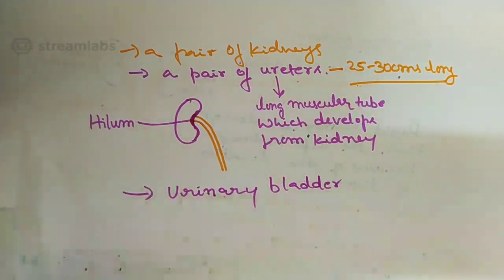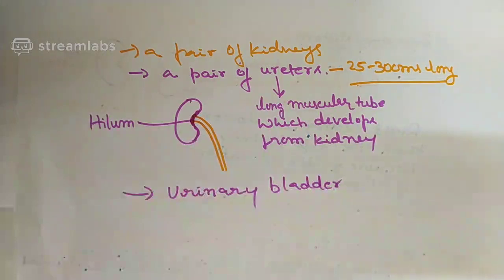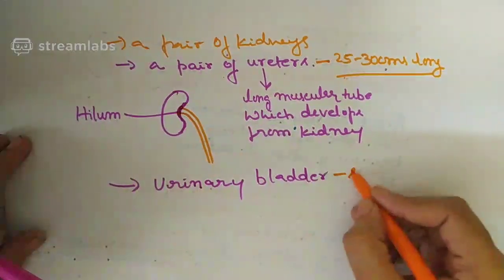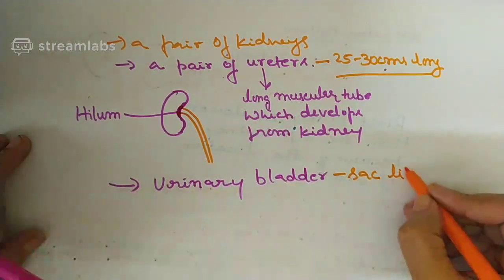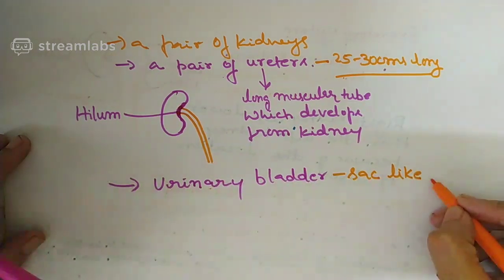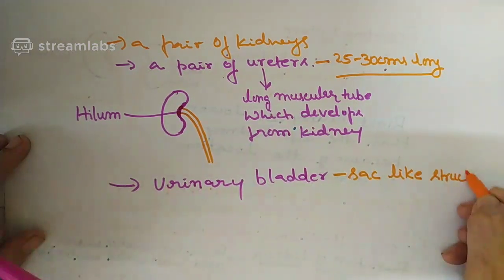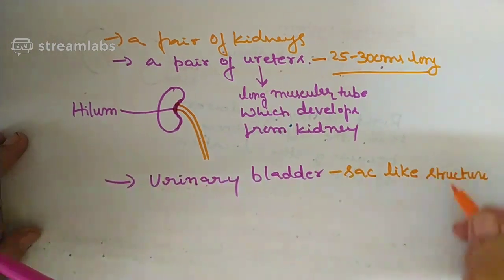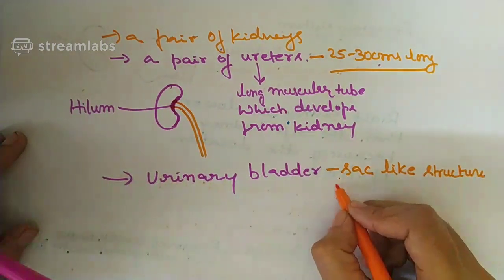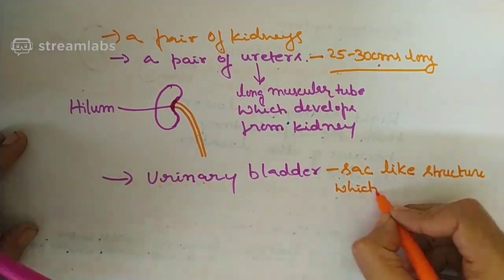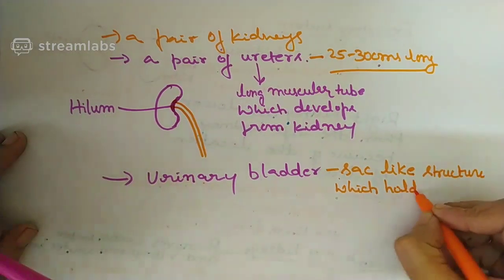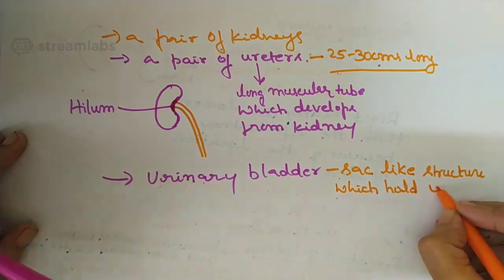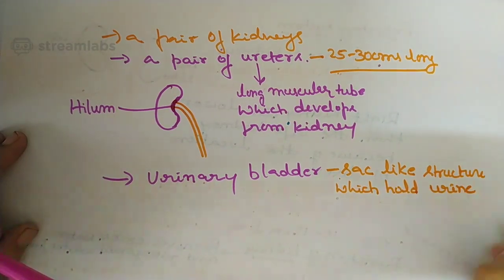Urinary bladder. What is this urinary bladder? It is a sac-like structure which holds urine.